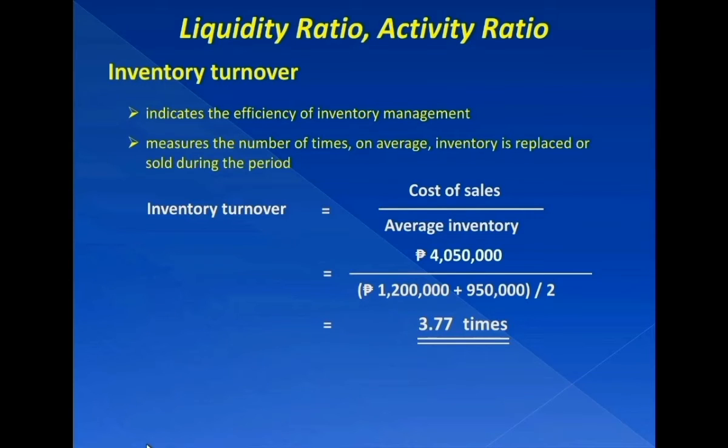Therefore, a very high inventory turnover ratio means that it is very much possible that the inventory may run out of stock, which may result into losing some customers. On the other hand, a very low inventory turnover indicates that the entity is keeping the inventory in stock for quite a long period of time, which necessitates additional cost, like storage cost, maintenance cost, and insurance cost.